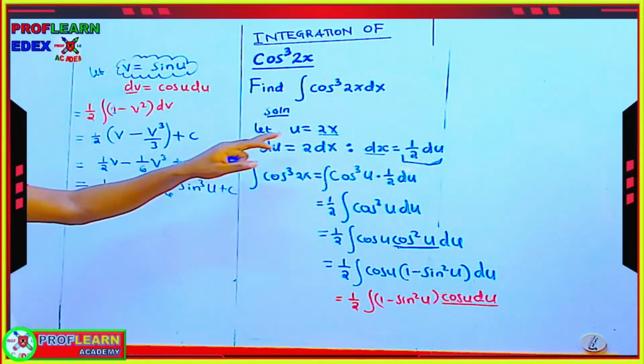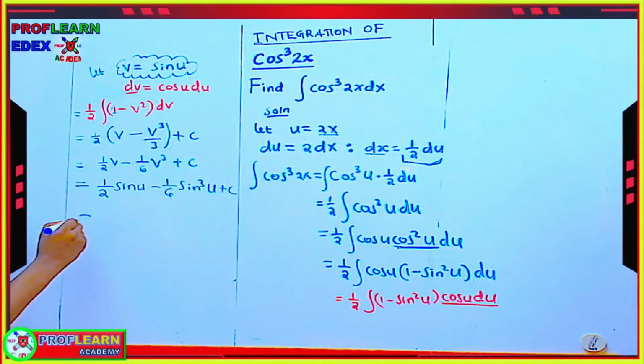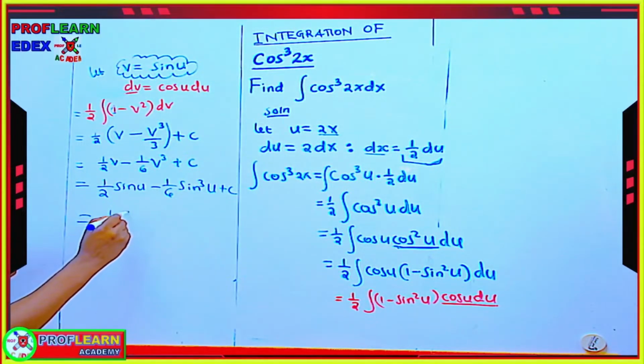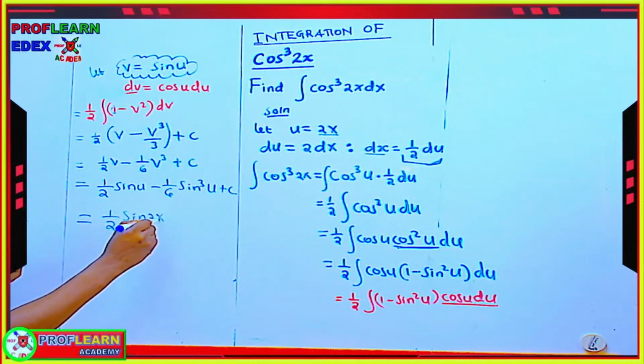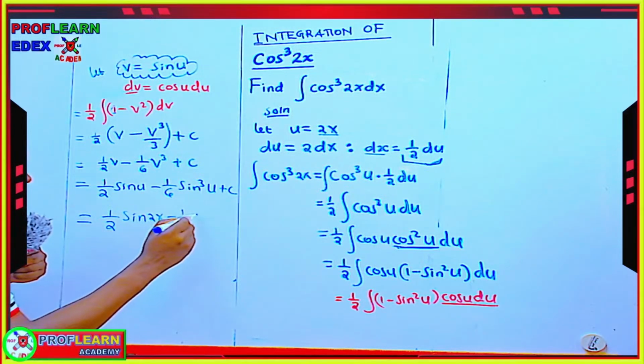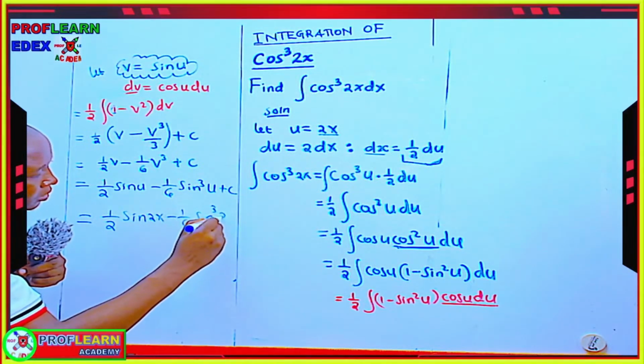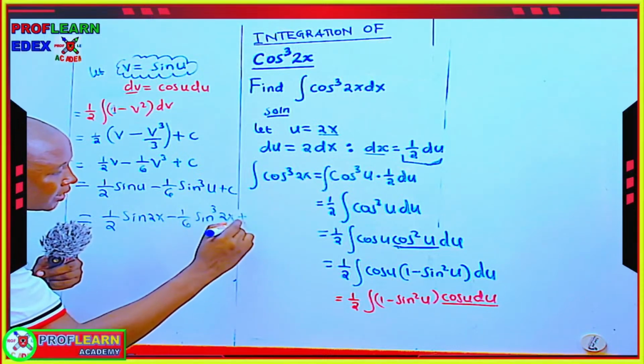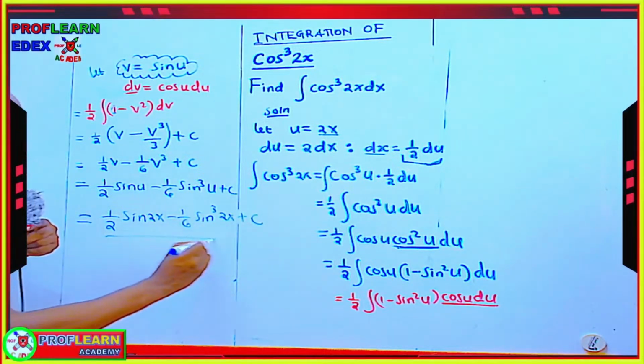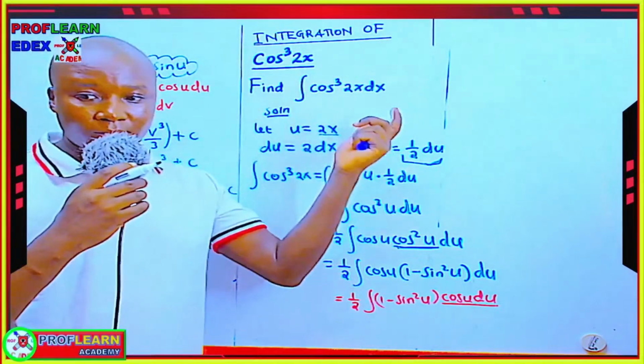But u was 2x, so we have 1 over 2 sine 2x minus 1 over 6 sine cubed 2x plus c as the final answer of this integral.